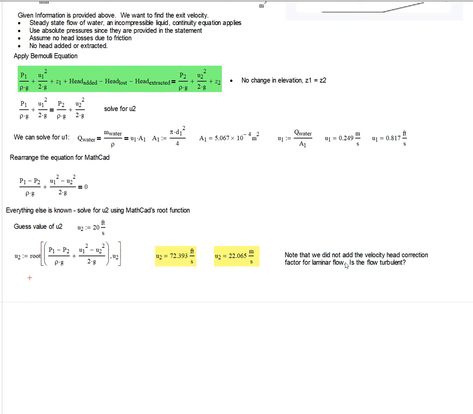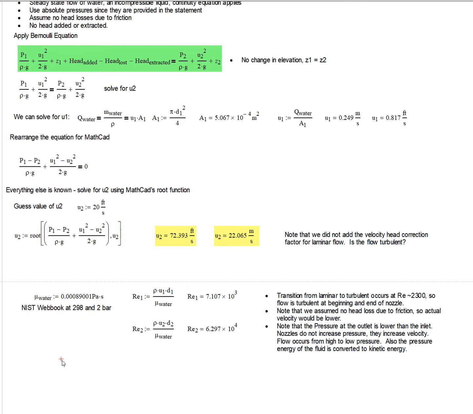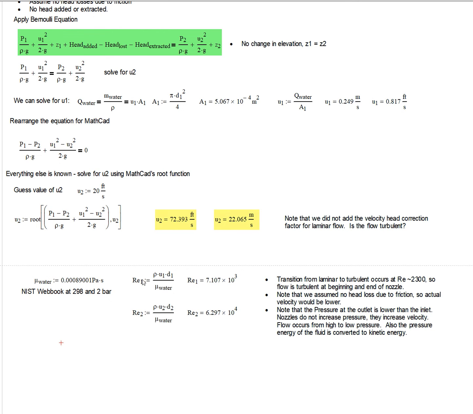So note that we did not do anything about the velocity head correction for whether or not we have laminar or turbulent flow. What we can do is run through these calculations just to check what kind of flow we have at position 1. So what I did was I went to the NIST webbook and looked up the viscosity of water, and then calculated the Reynolds number at position 1 and at position 2, and what we can find is that this is about 7,100.